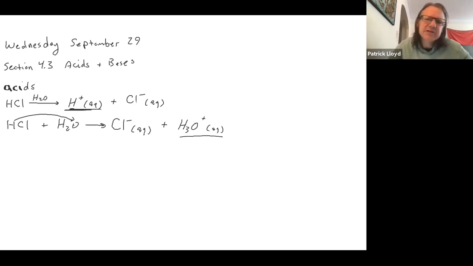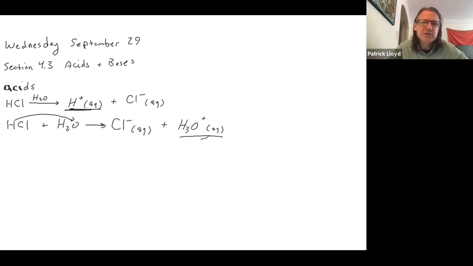Effectively, we can think of it this way. The hydrogen ion up here is really just sort of a shorthand notation for what's really happening, which is the formation of the hydronium ion, both of which we could use in calculations of acidity if we wanted to know how acidic the solution was.